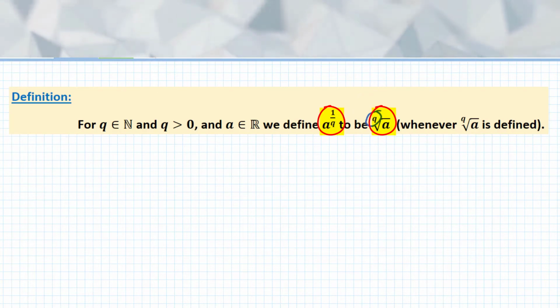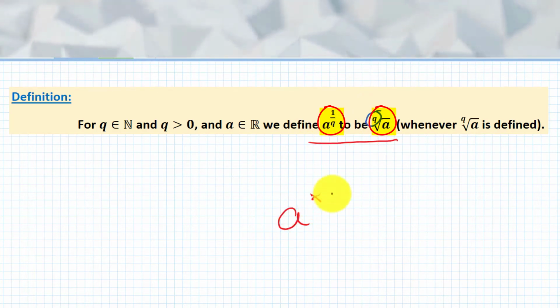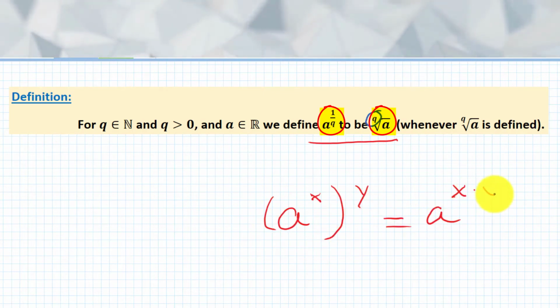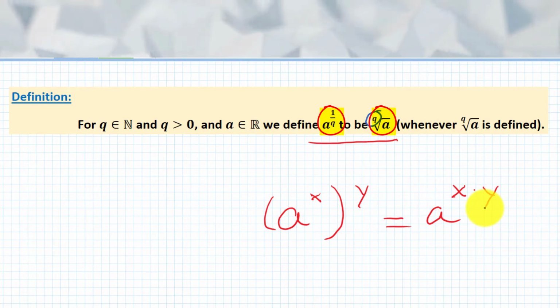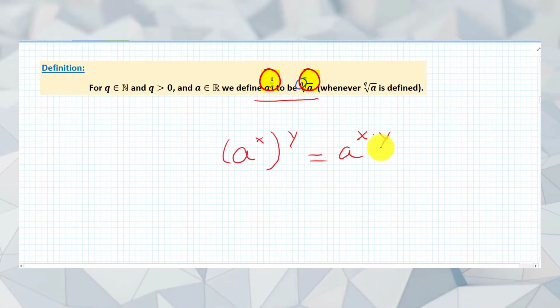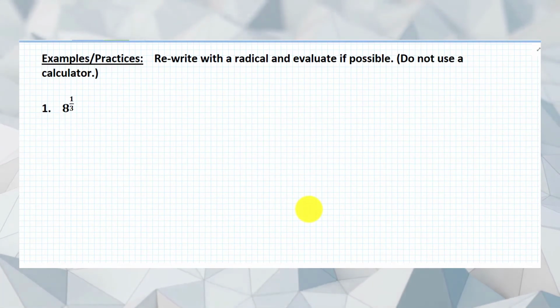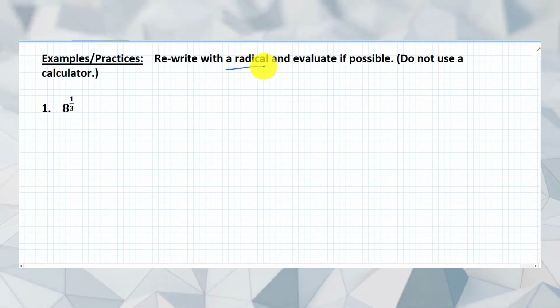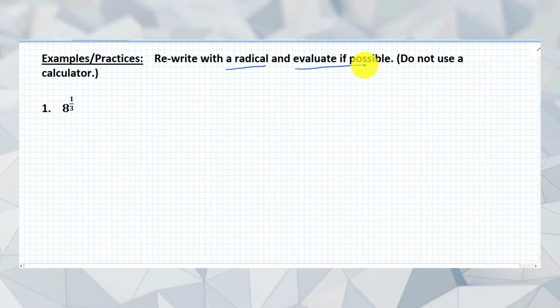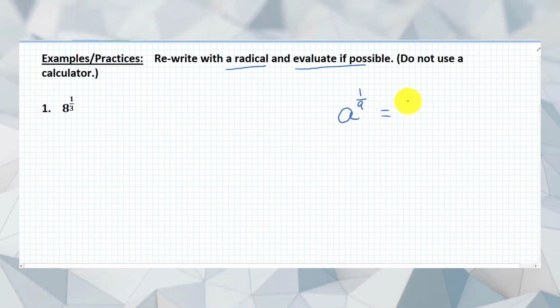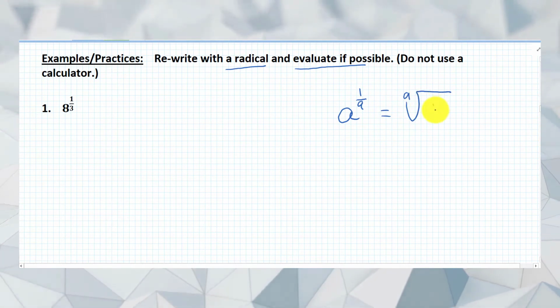The reason behind this definition is that we want to keep this property of exponents true. We don't want this property to change. Let's go over a couple of examples that will clarify this statement. I have to rewrite with a radical and evaluate when possible. Remember, a to the 1 over q means the qth root of a.